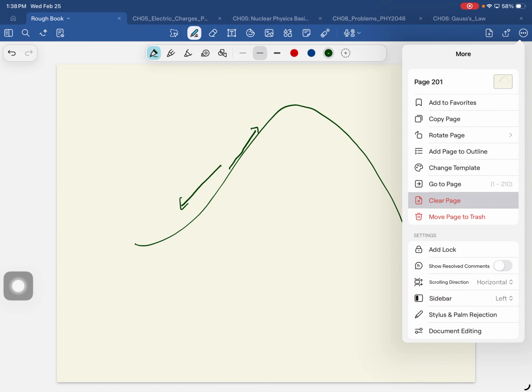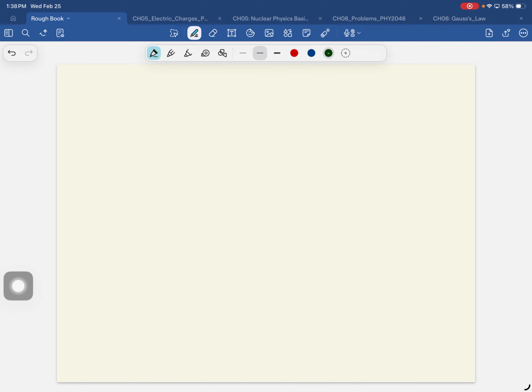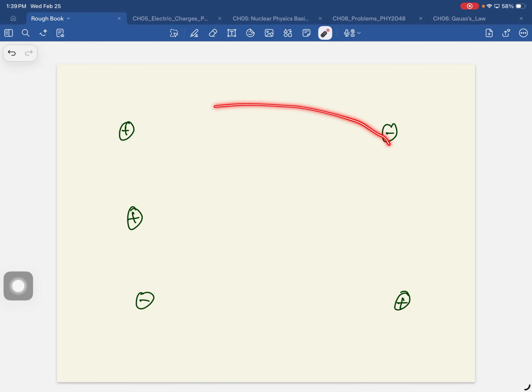So here is the big picture. We're dealing with the subject of electrostatics, and what that is, you'll have a bunch of charges that are stationary, and what we want to know is the effect these guys will have on your pet charge.